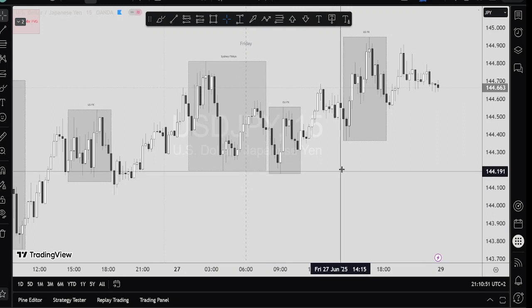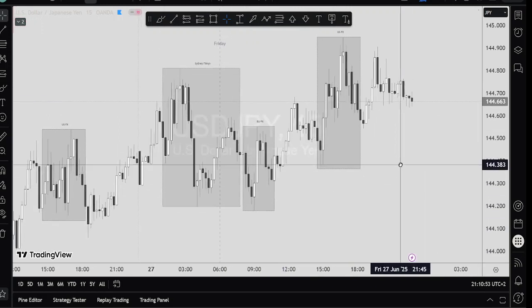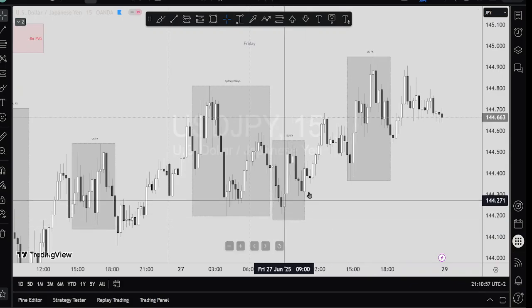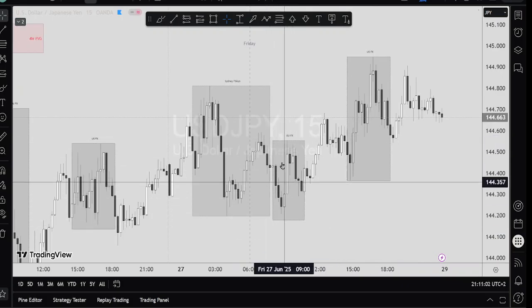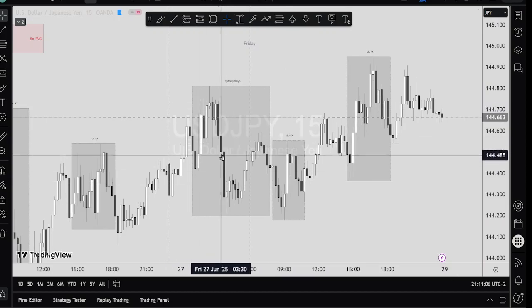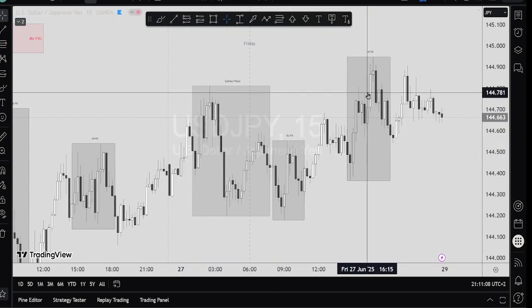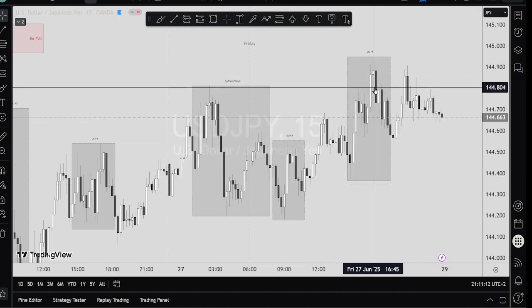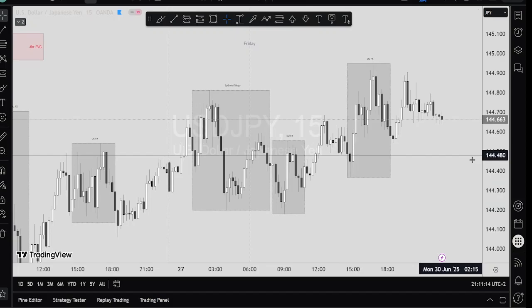It's not really correct, but this is what I like to do. So the overlap is the EU session, that's what's outlined. The Sydney-Tokyo box is Sydney-Tokyo, basically. And the US is the US, and I'm well aware that the US overlaps with EU. That's what my boxes show.